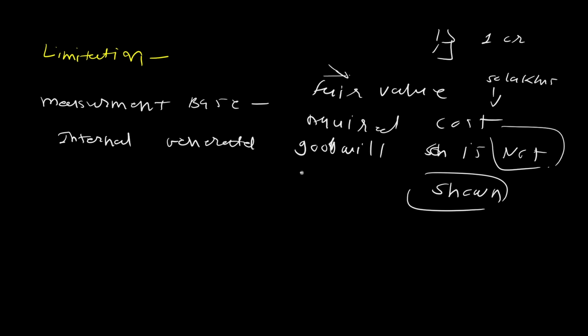So if you have a brand of 15 or 20 years, you can't show this asset in your balance sheet. And another limitation is that pension and other liabilities towards employees might not be properly calculated.